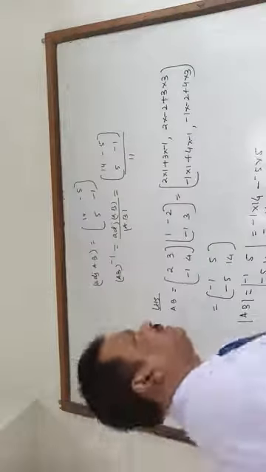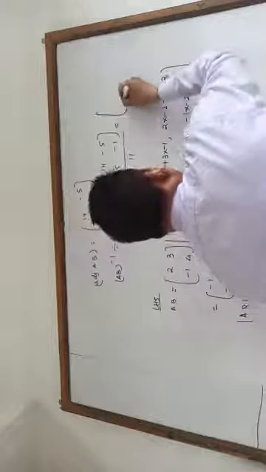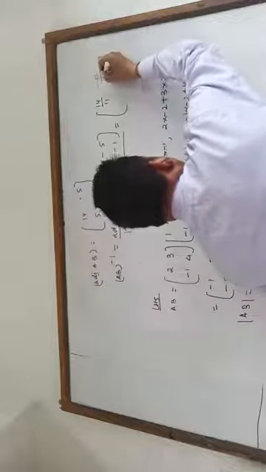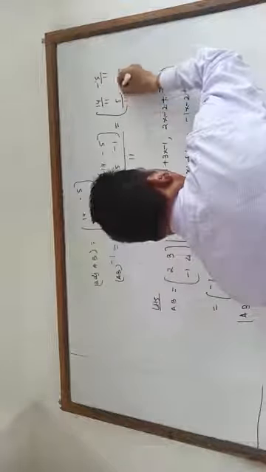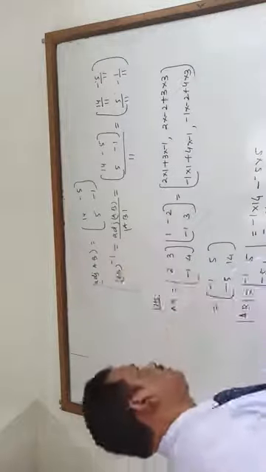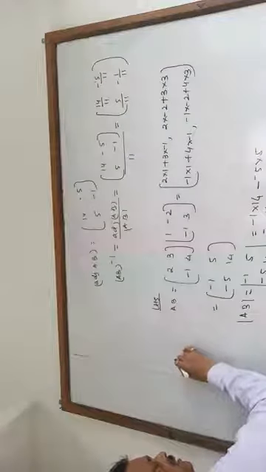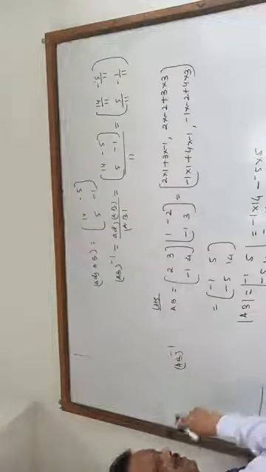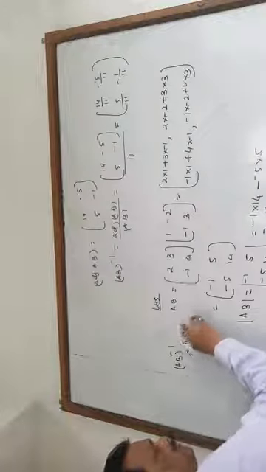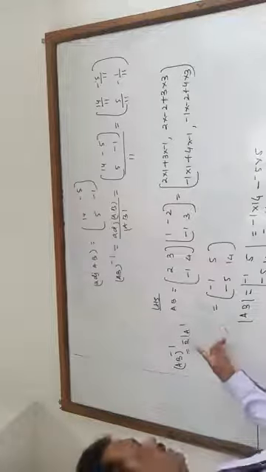So your answer is 14 by 11, minus 5 by 11, 5 by 11, minus 1 by 11. That's what our question was. Remember, I had given a question. AB inverse is B inverse A inverse, reverse order.